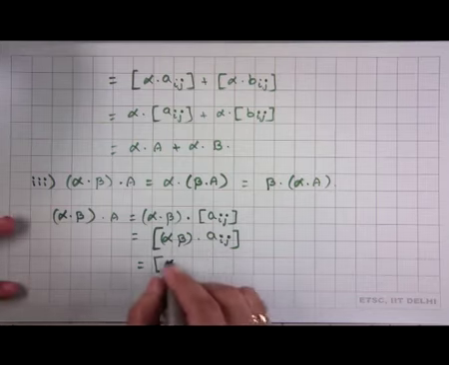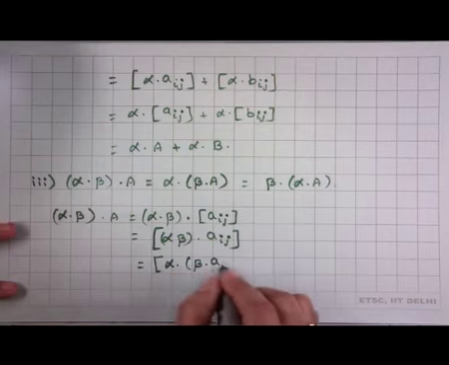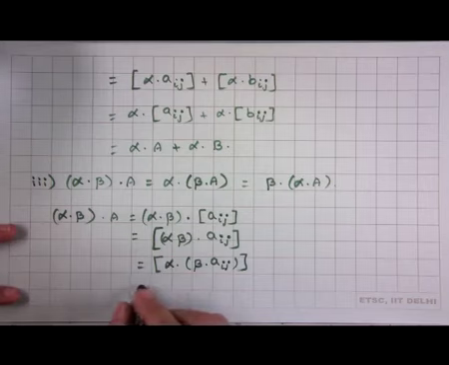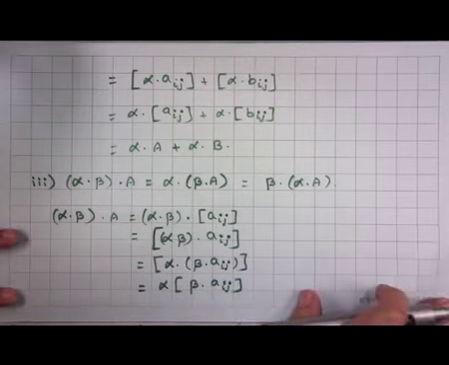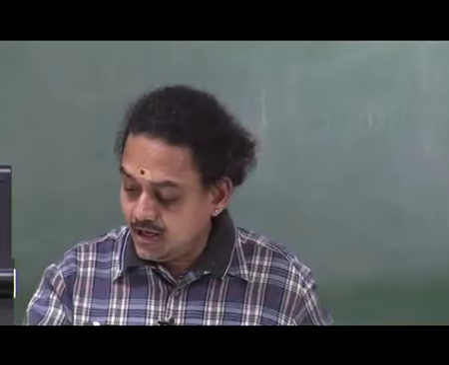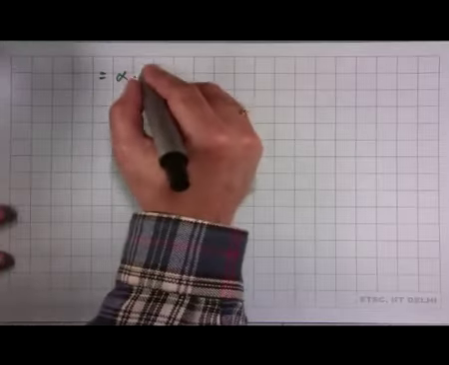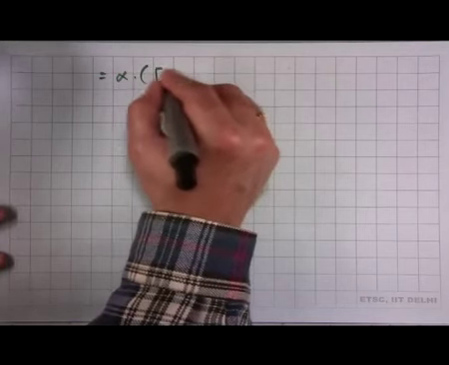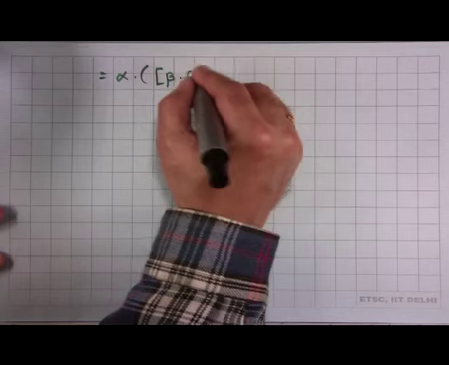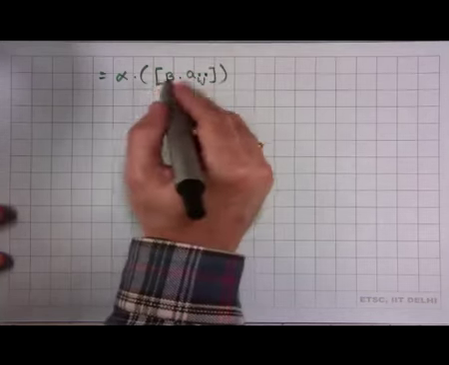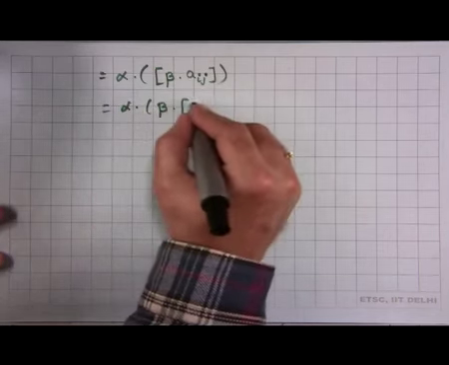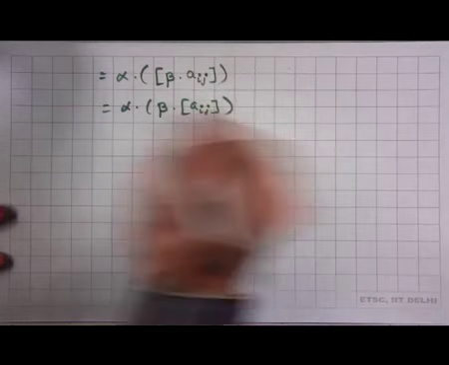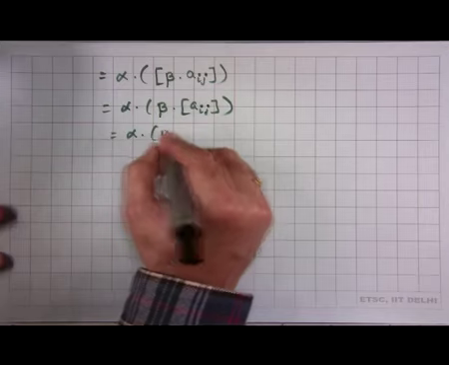So this is alpha times (beta dot Aij), which is alpha times the matrix beta dot Aij, but then the matrix within the bracket is exactly beta dot A, which equals alpha dot (beta dot A).